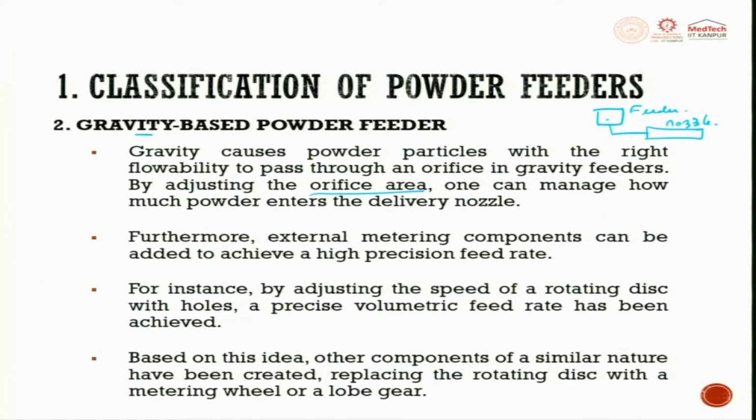So, what exits from the powder feeder and gets into the nozzle, you can try to dictate it by changing the orifice. Furthermore, external metering components can also be added to achieve the high precision feed rate. For instance, by adjusting the speed of rotating disc with hole, a precise volumetric feed rate can be achieved.